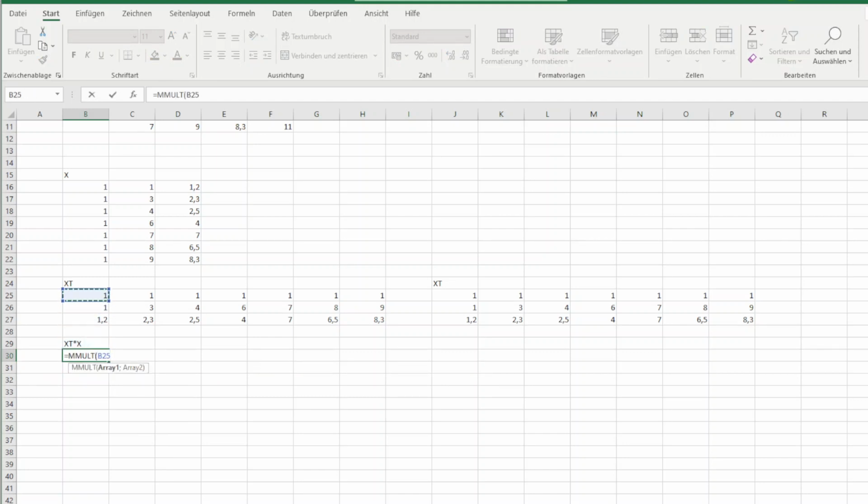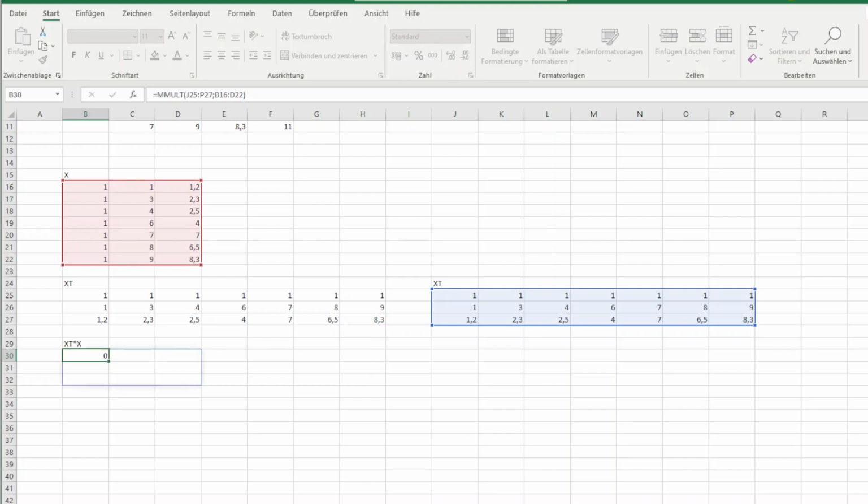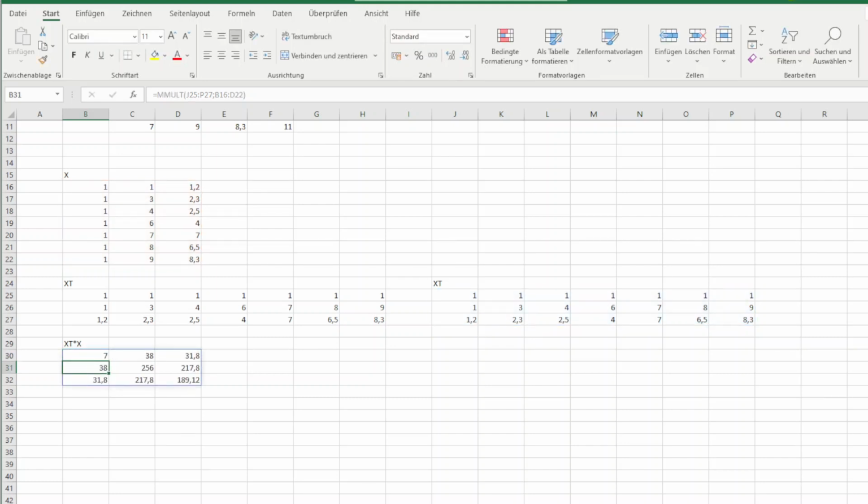The first array is just the first matrix we need. No, I need this one here, since this was the reason I copied it, semicolon times x, closing brackets, and then I have xt x. Again, I read it out.